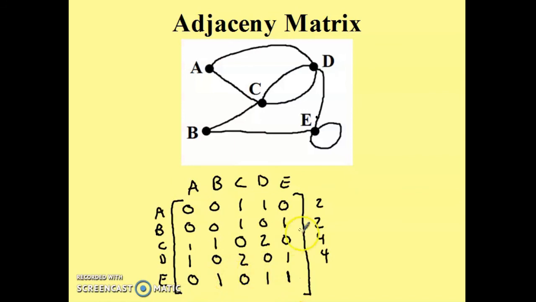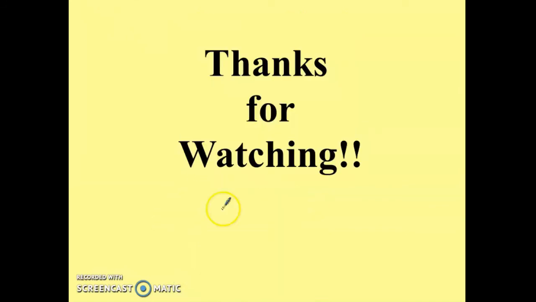So when you're doing this sum, if you have a loop, be really careful about that number. So that's 1, 2, that loop counts as 2, so it has a degree of 4. So if this is a non-simple graph, because it has a multi-edge, or it has a loop, or it has both, then be careful about that diagonal in your adjacency matrix.